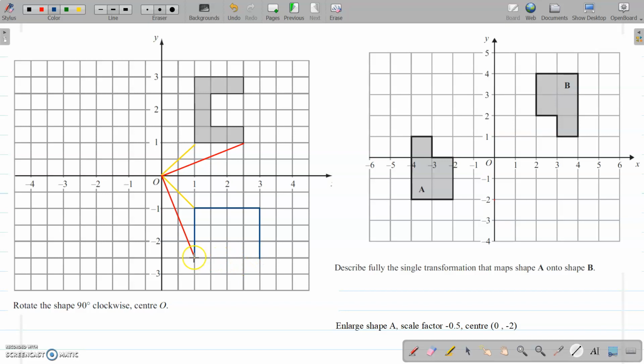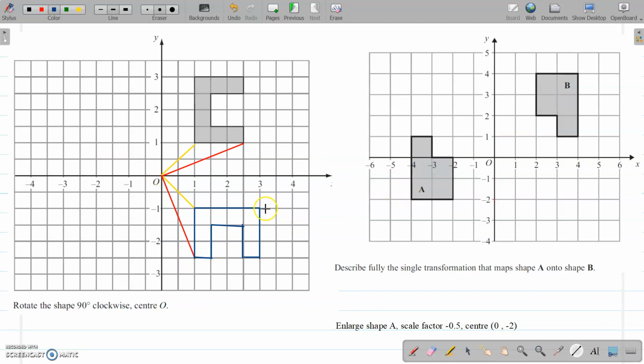So it goes like this, and then there, and then there's going to be that piece across there, and then the 2 verticals there and there. Okay, and that is where the shape would end up, with a rotation of 90 degrees clockwise with the center 0, 0, sometimes just referred to as 0.